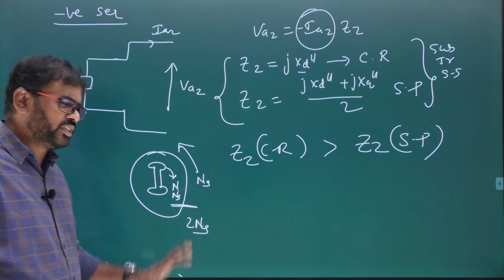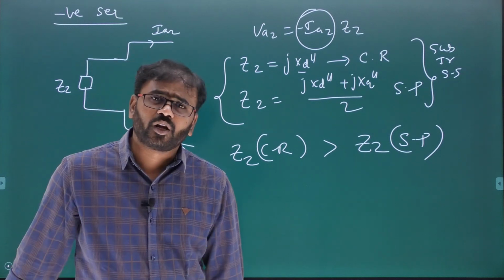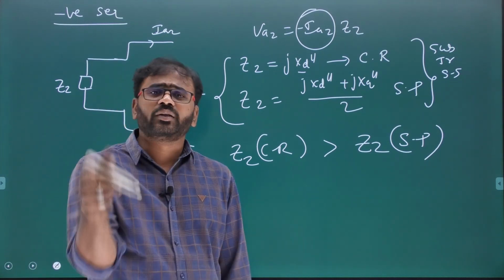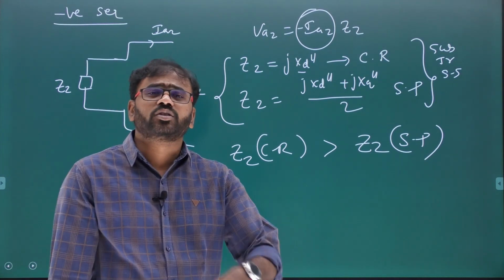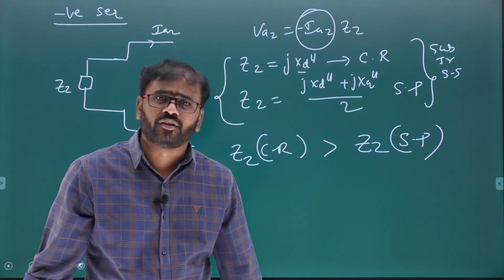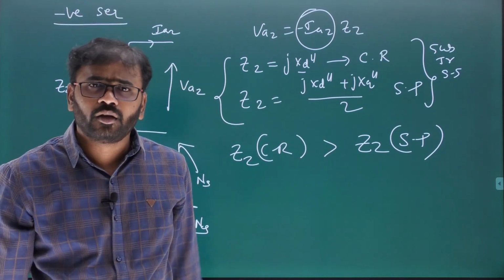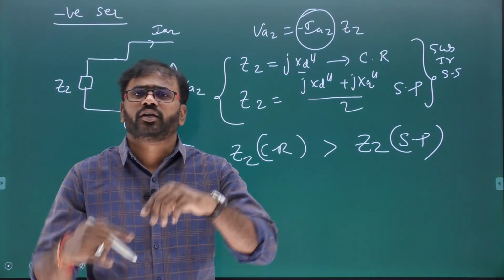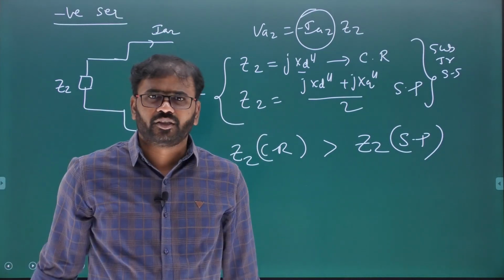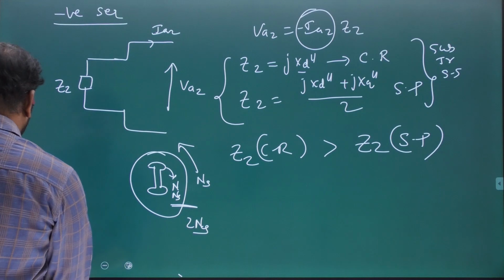I already discussed this, but just remember, the negative sequence magnetic field is always rotating anti-clockwise, and the rotor is rotating clockwise. That means negative sequence magnetic field and positive sequence magnetic field always rotate in opposite directions, and the negative sequence field and rotor also rotate in opposite directions. The positive sequence magnetic field and rotor always rotate in the same direction. Okay, clear? Now coming to zero sequence.